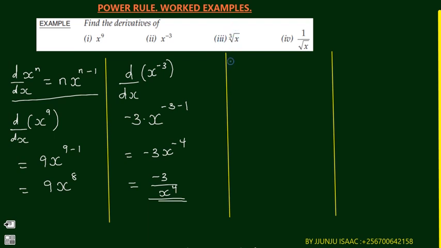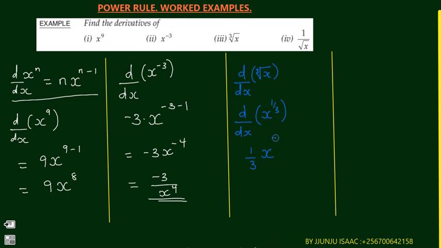In Roman numeral 3, we have the cube root of x. So the derivative of this cube root of x with respect to x can as well be written as the derivative of x to the power a third, the cube root of x being the same as x power a third. So again here we look at the power, a third, then times x.